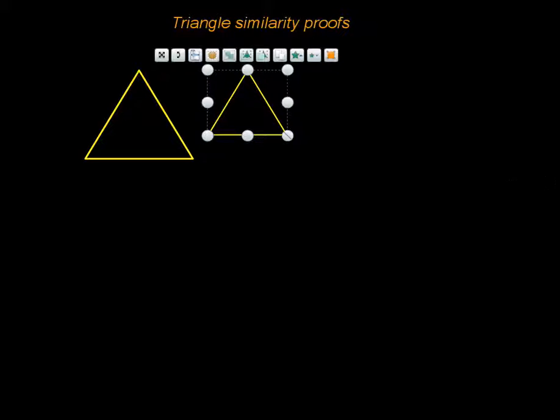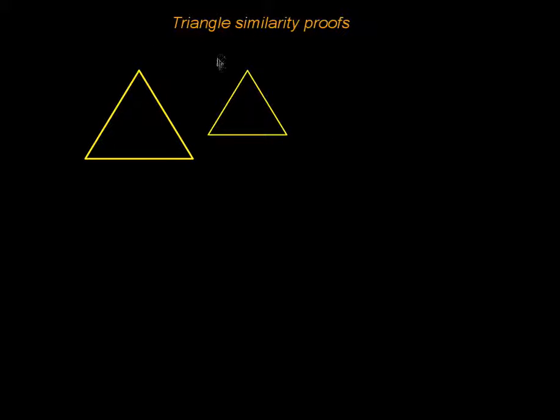Now they're not exactly the same in terms of sheer size, but they do seem to have the same angles, as you can tell by inspection, and the sides are in proportion to the larger triangle here. So the term used to describe the relationship between these two triangles is called similarity.